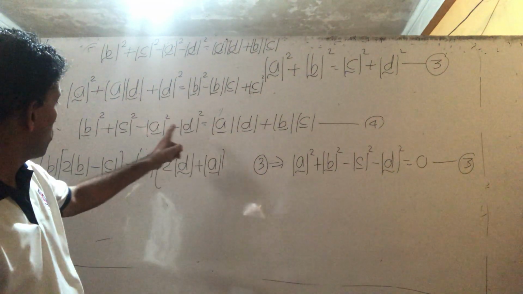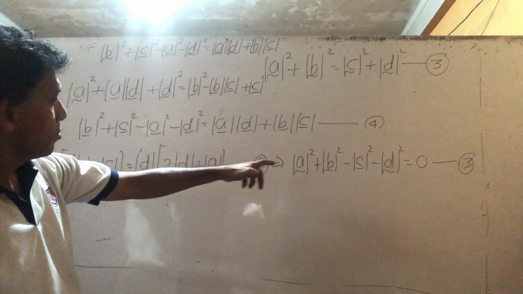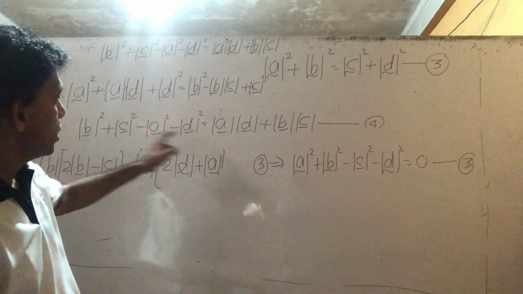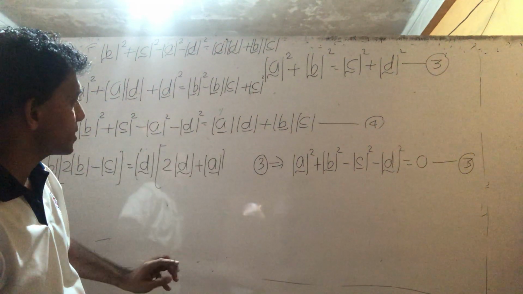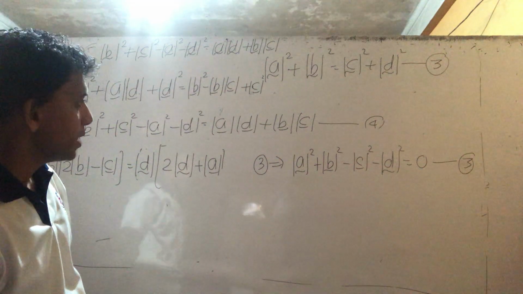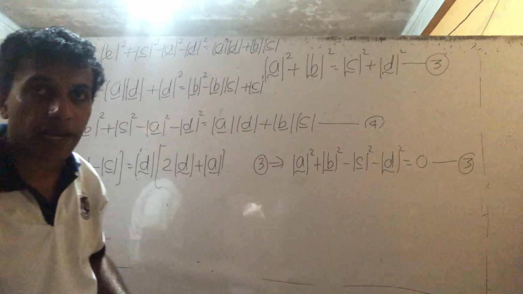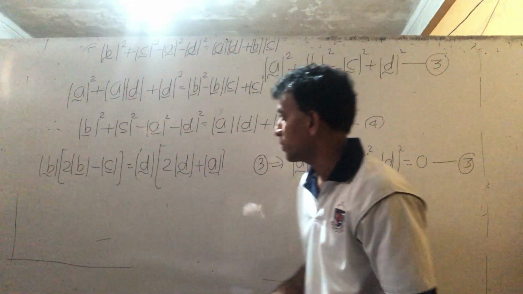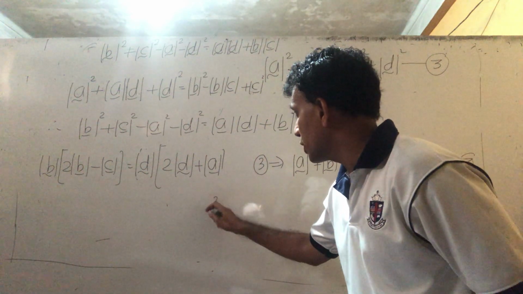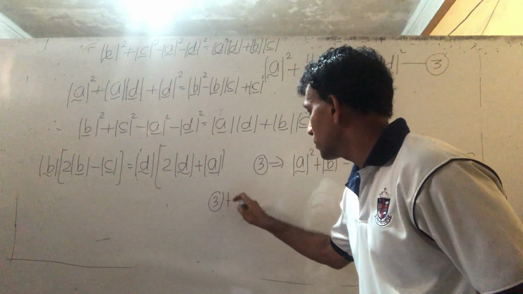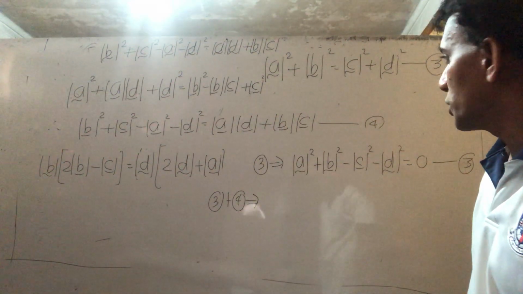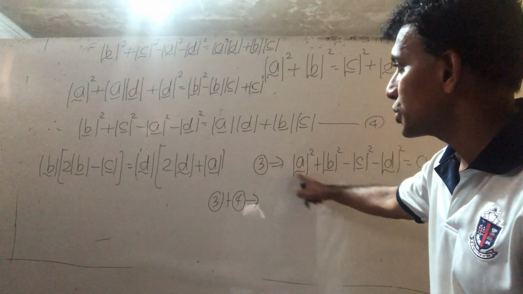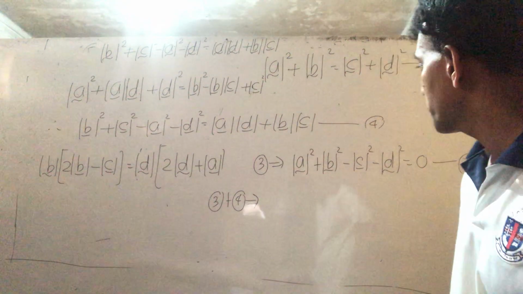Mod A square, mod A square, mod B square, mod B square, C square, C square, D square, D square cancel. So easy, you can get the answer. Check the third and the fourth equation. So here mod A square cancels.